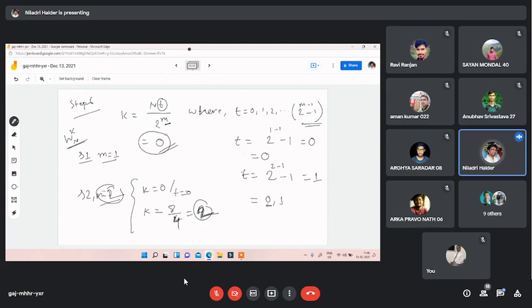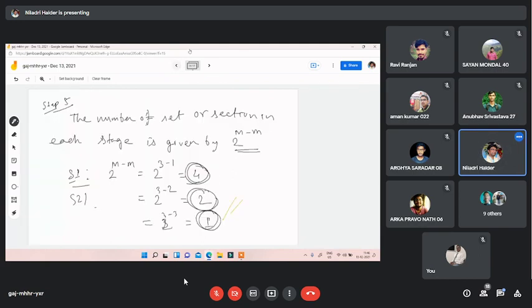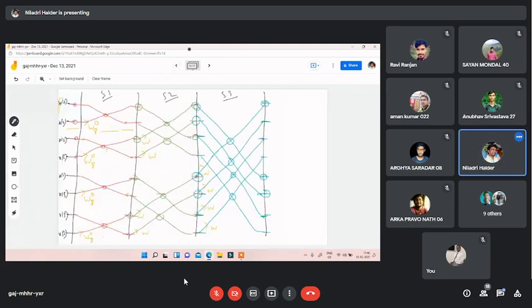So k will have 2 values, and for stage 2 how many sets of butterfly do you have? 2 sets of butterfly. One set will have 2 W, so the first W defines the first k, the second W defines the second k.